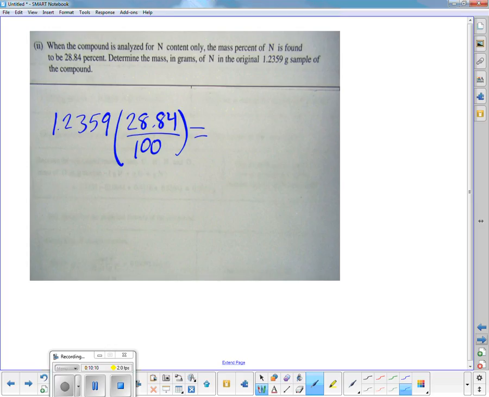I know I'm going to be in 0 point something, because it's 28% of 1.2, basically. So what do we get? Yep, 0.3564 grams of nitrogen. So that was fairly easy. We okay with that? Yeah.